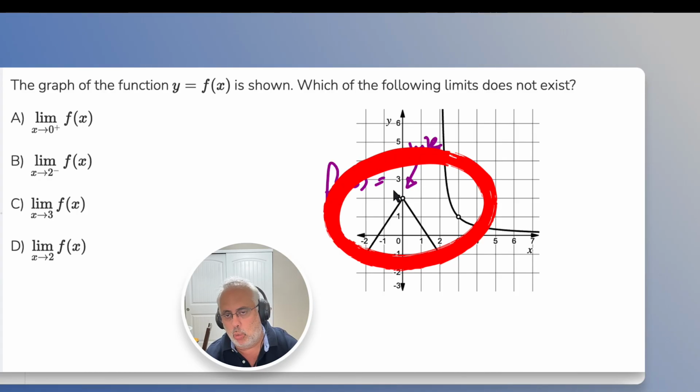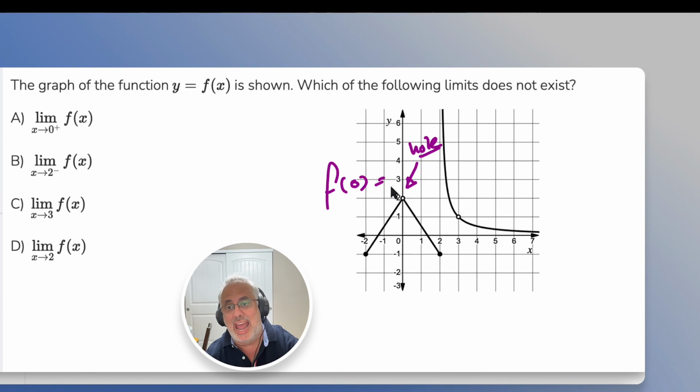So we don't worry about that, if the function is defined right there at x equals 0 or not, because we're not going to talk about continuous functions, continuity. No, we're talking about limits in today's lesson, just limits. So we do not worry about what happened at f of 0. Yes, it's a hole right there. The function is not defined, but this is another conversation that we're going to have in the next lessons of this course.